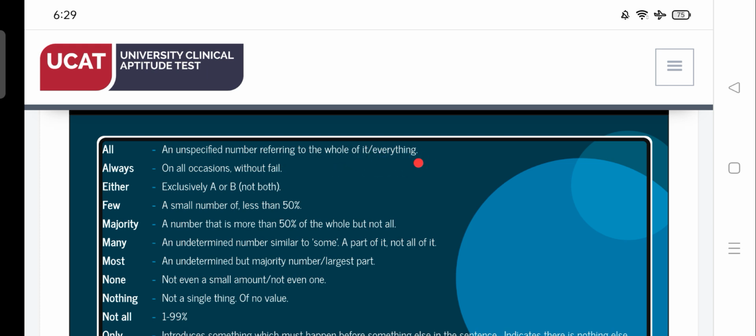I think everybody knows why we use all in any sentence. It means whole of it. If we're talking about anything and we use all, it means whole of it, everything of it. Always: on all occasions, without fail.